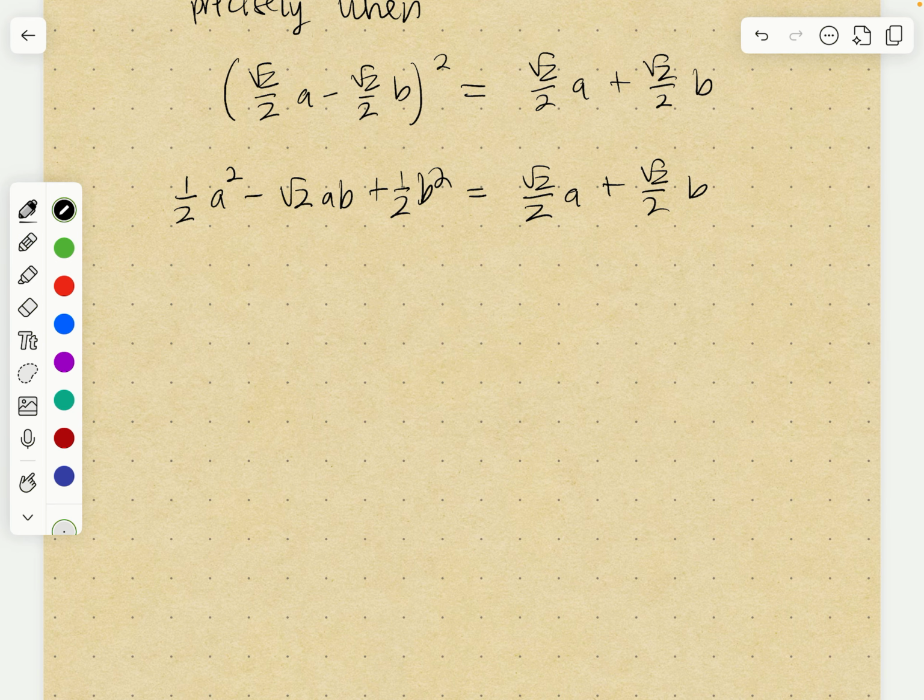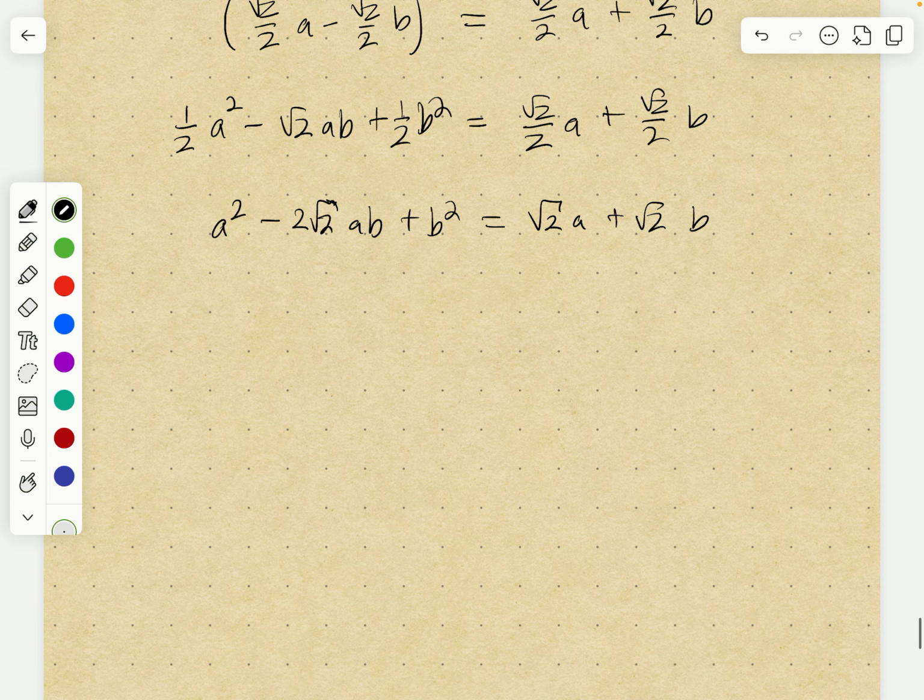Well, we can actually multiply both sides by 2 first to make things a little easier. a squared minus 2 root 2 ab plus b squared equals root 2 a plus root 2 b. And just to make it a little nicer, we can get everything on one side. So a squared minus 2 root 2 ab plus b squared minus root 2 a minus root 2 b is 0.